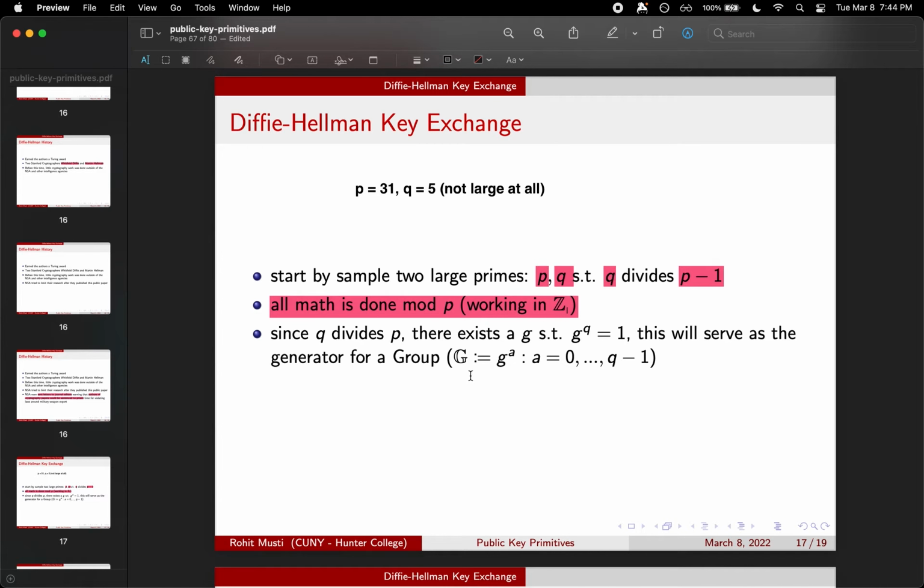This serves as the generator for the group big G. Again, this is a little bit of number theory, so we're going to go over it when we have a class that's synchronous and we can ask questions. But all you need to worry about is that we have this generator G, and it generates this group big G, and the group is just G to the 0, G to the 1, G to the 2, all the way up to G to the Q minus 1.